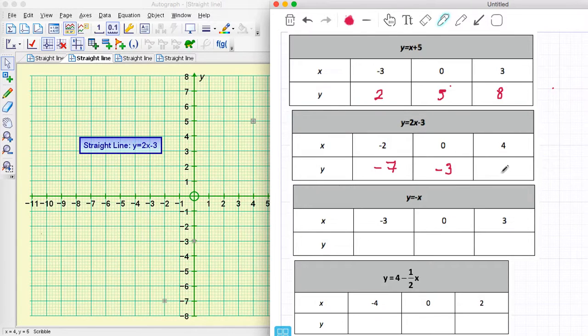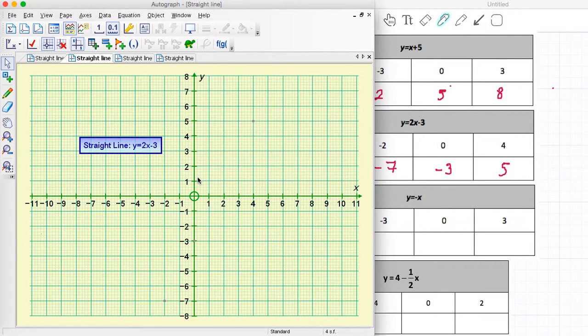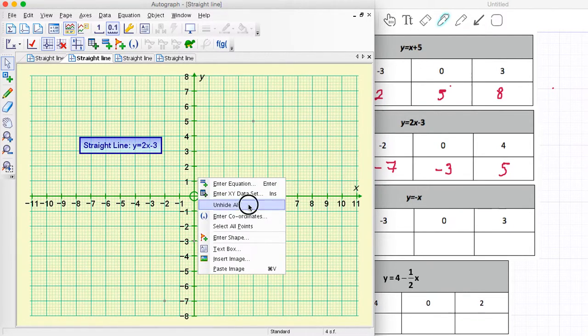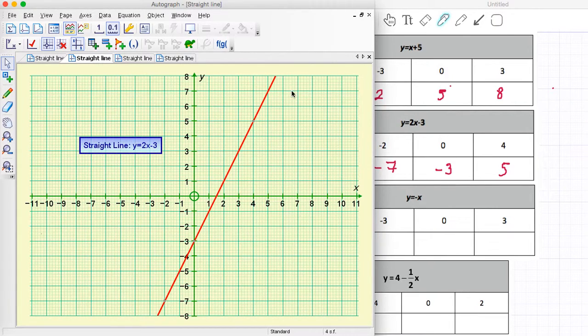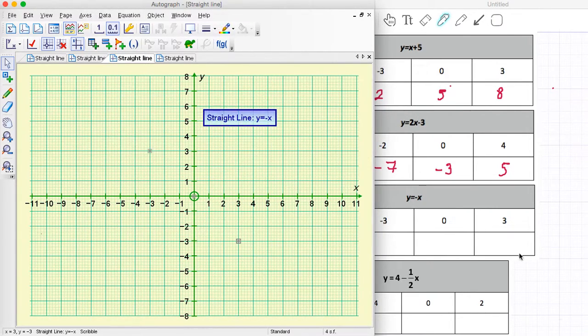So 2 times 0 is 0, minus 3. 4 goes in, 2 4s are 8, take away 3 is 5. And again, you can see that I've plotted 4, 5, 0, -3, and -2, -7. So now all I have to do is draw my line through all of those points.